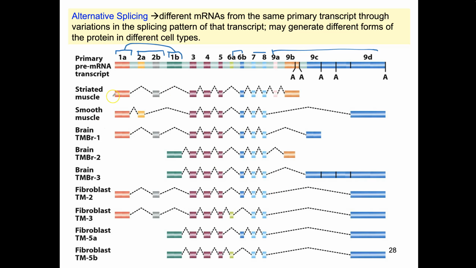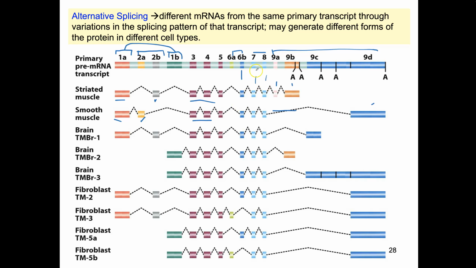And so if you look at striated muscle versus smooth muscle, you can see they both have 1A, but one of them has 2A and one of them has 2B, and there will be slight amino acid differences in the protein that gets made here. And then they both have 6B, 7 and 8, and then one of them has 9A and 9B, and the other doesn't have 9A or 9B, but has 9D, right?